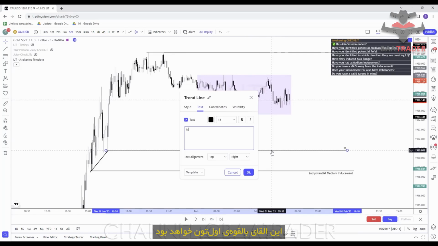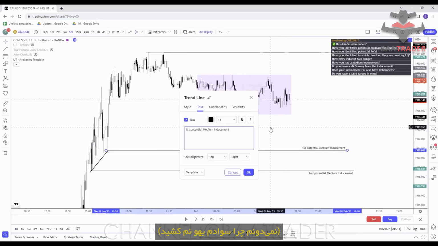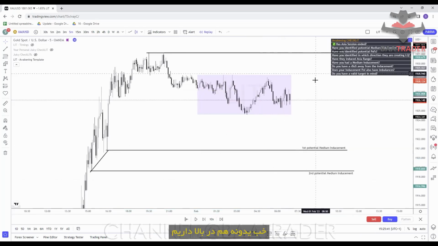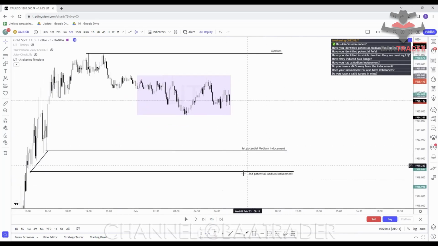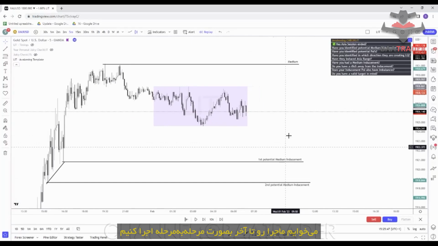It's going to be your first potential medium inducement. Not sure what's going on with my spelling all of a sudden. So we have two potential medium inducement zones, one to the high side as well. Potential second one, potential first one. We're going to play out the story in steps.